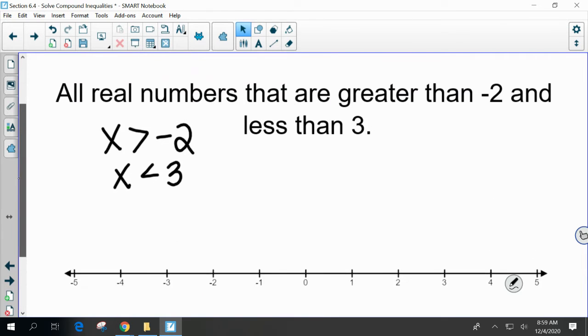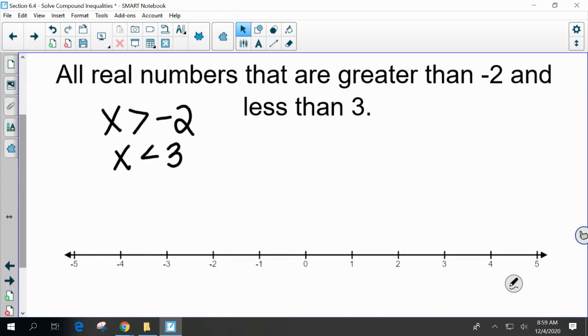Okay, so I'm going to combine these together. x is greater than -2, so open circle at -2. Greater than is going to go which way? Right. And I'm not going to draw my line very long because they're going to connect. And then x is less than 3.